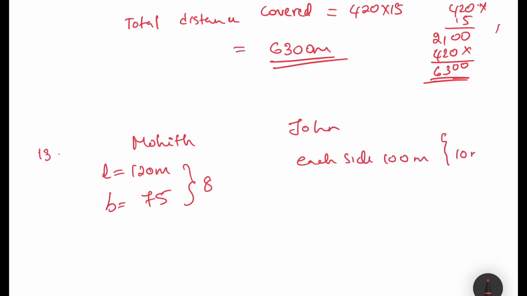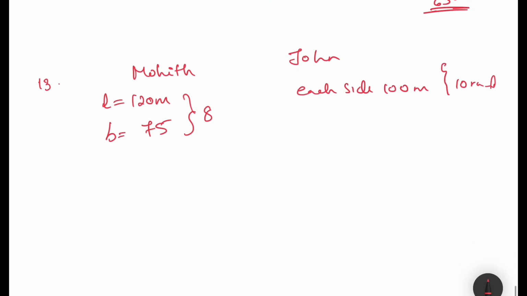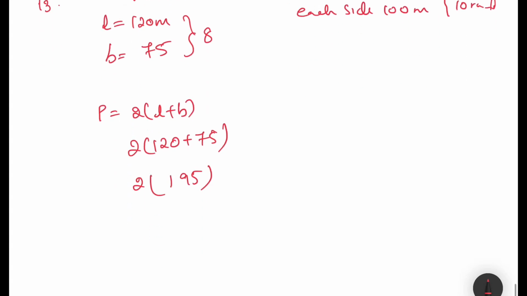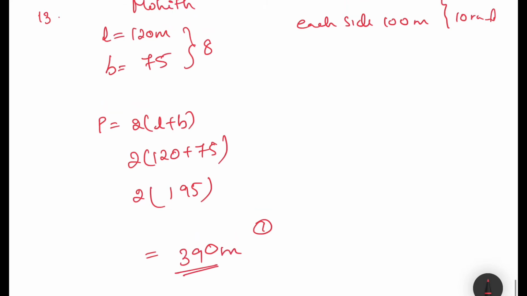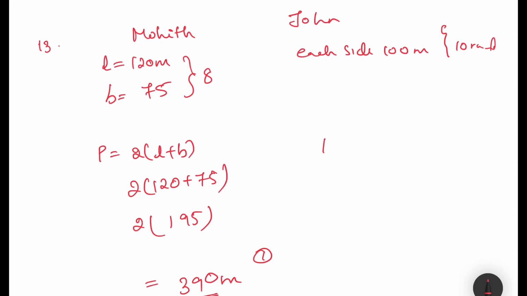Find who covers the larger distance and by how much. How should we find it out? Perimeter is equal to 2 times L plus B, 120 plus 75, so what do you get? 2 into 195, that is 390 meters. Now coming to the next person.